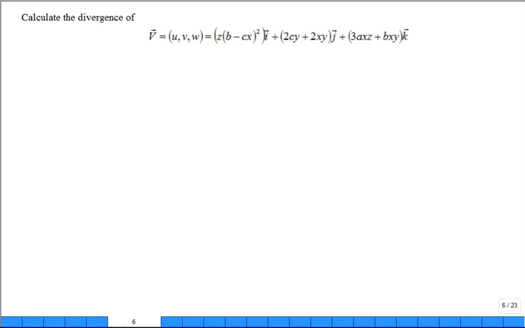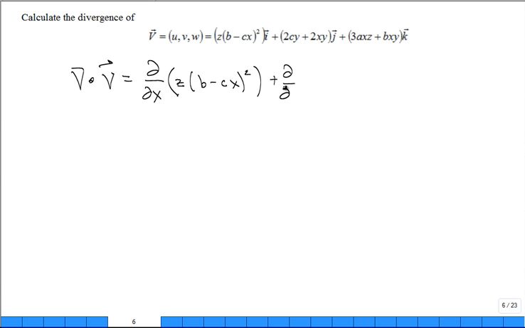Calculate the divergence of this velocity vector field. So I have to calculate del dot v, which means that I take the partial with respect to x of z times (b minus c x squared), plus the partial with respect to y of 2cy plus 2xy, plus the partial with respect to z of 3axz plus bxy.